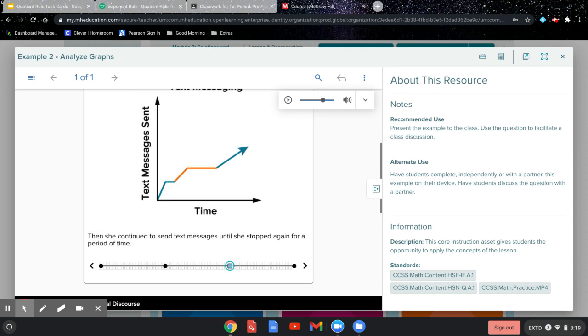This next part is where she continues to send text messages until she stops again for some period of time. And then finally, Nora begins sending text messages again. That's how we would read this. X is our time. Text messages sent is our Y value.